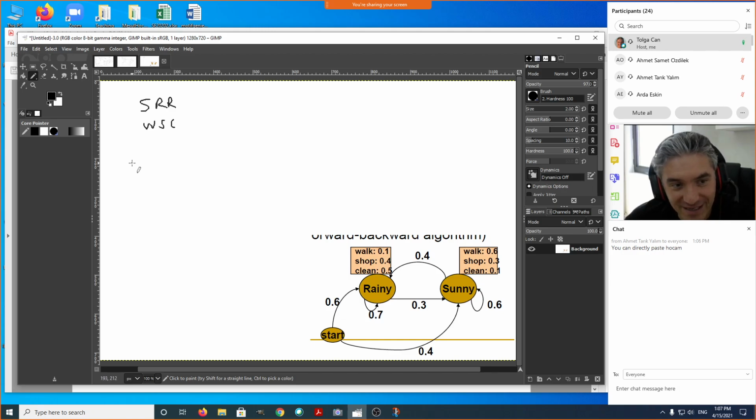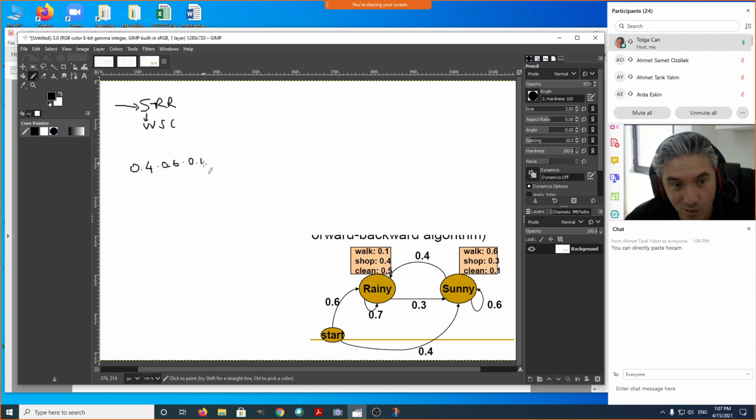So starting in a sunny day is 0.4 probability, right? And then walking in a sunny day is 0.6 probability. And then the next day is rainy. So I came here, I emitted this symbol. Then from sunny, I went to a rainy day. What is the transition probability?